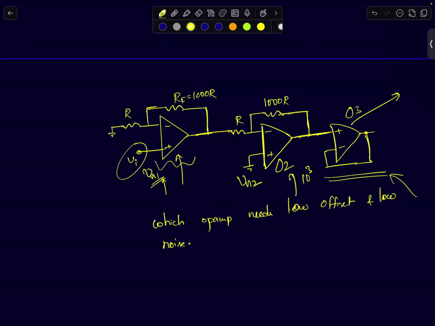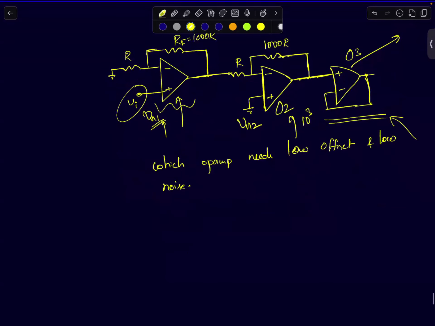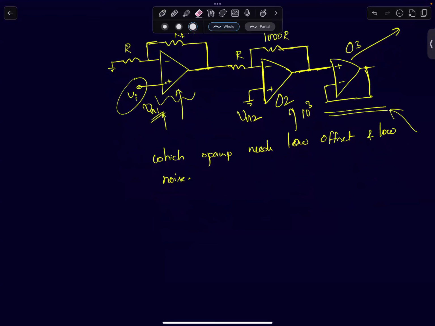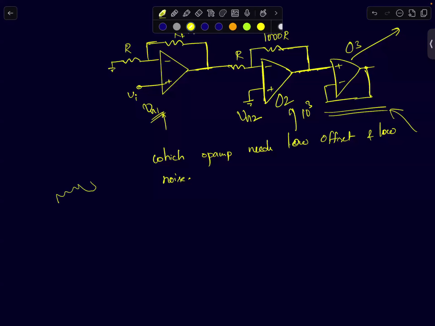See, noise has two properties. One is it's fully random, and second, it is changing with time, right? It's randomly changing with time.